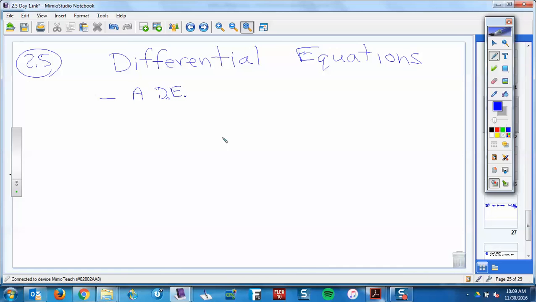So a DE, a differential equation, is an equation with one or more derivatives actually in the equation.